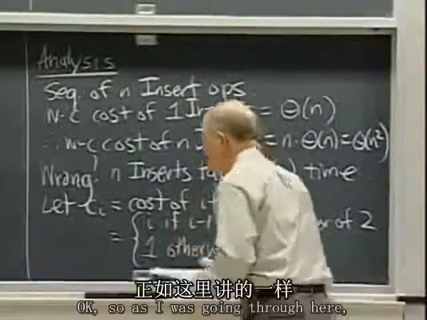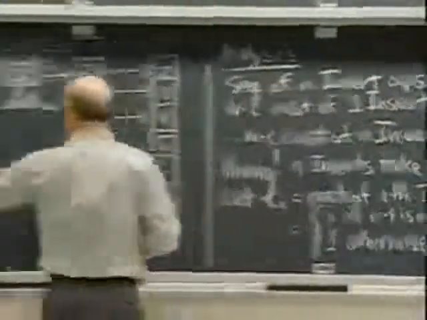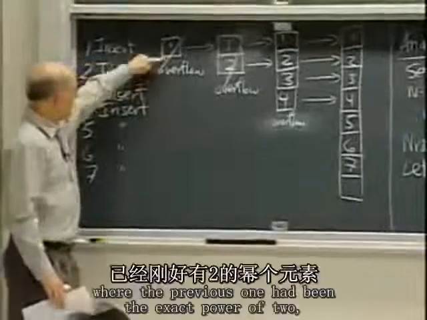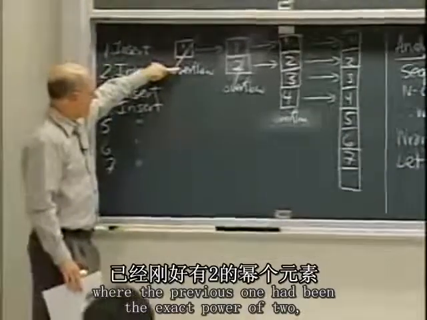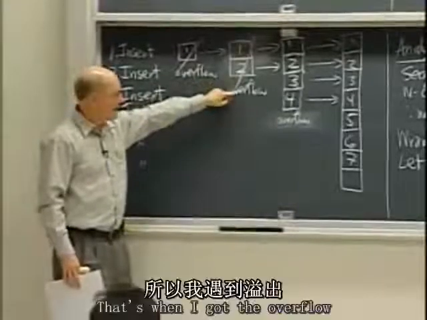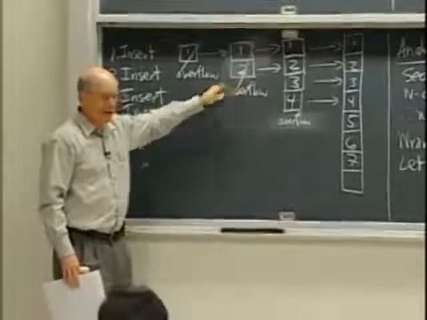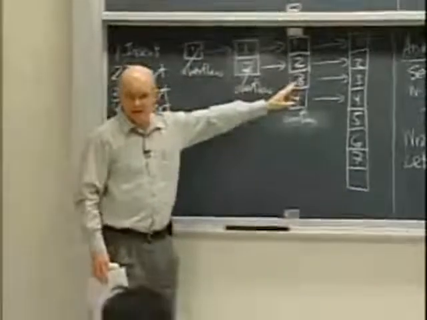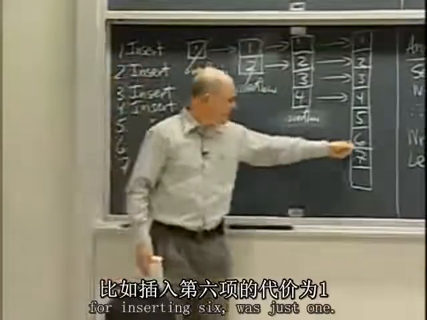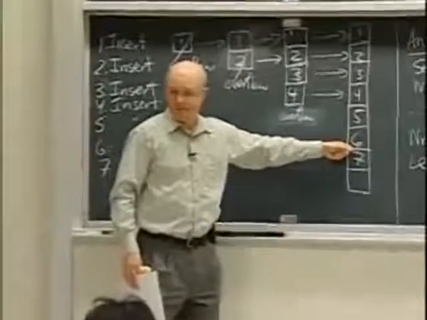Okay, so as I was going through here, it was only when I inserted something where the previous one had been the exact power of 2, because that was my table size, that's when I got the overflow and had to do all that copying. And otherwise, the cost, for example, for inserting 6 was just 1. I just inserted it. Okay?